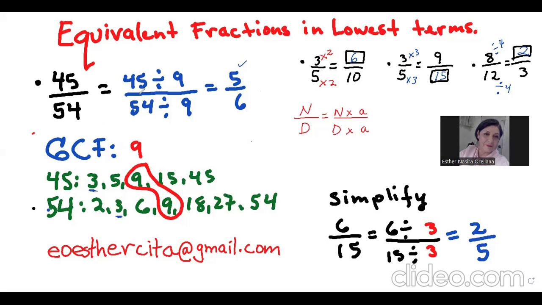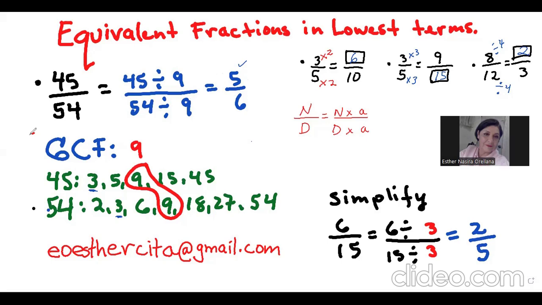So I use the 9. 45 divided by 9 is 5, and 54 divided by 9 is 6. So 45/54 is equivalent to 5/6. If we simplify directly, we don't need to do this operation all the time. But in most examples, we need to work with them because it's not so easy to find the simplest form.